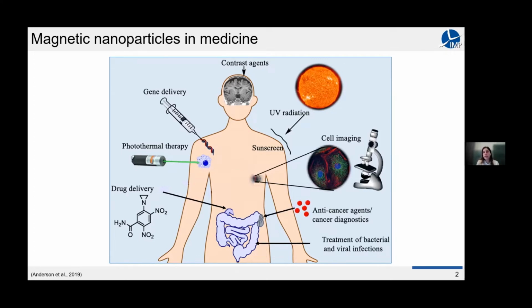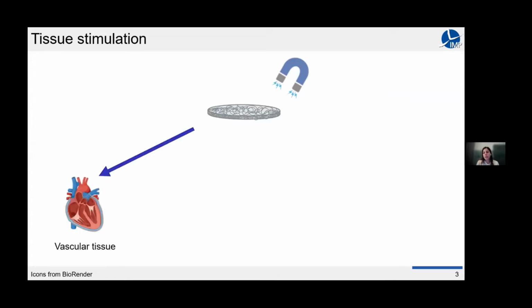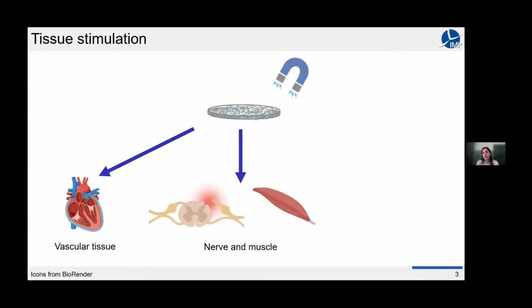But in this case, we want to include them in polymerized scaffolds for use under magnetic stimulation, for regeneration of tissues that need electrical and magnetic impulses, like vascular tissue, nerves and muscles. And of course, related to cryopreservation, we can perform so-called nano-warming treatment to improve the heat transfer during thawing in our scaffolds.